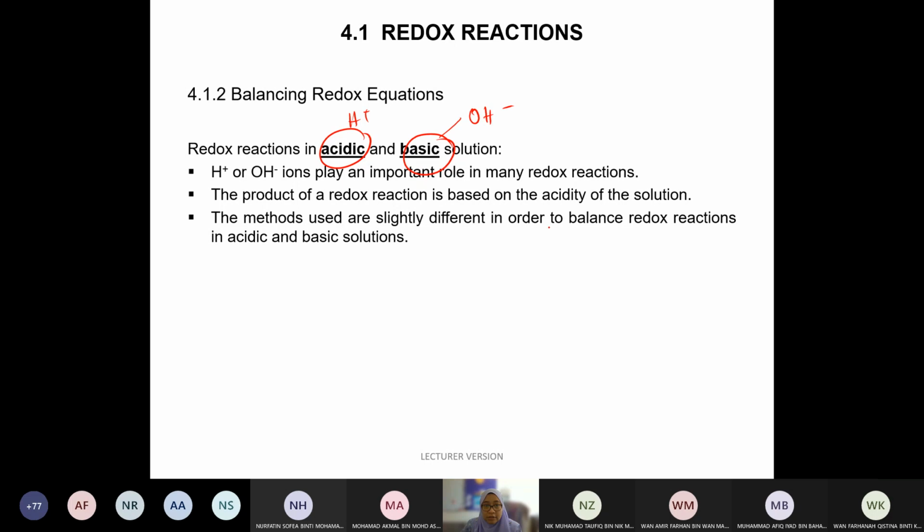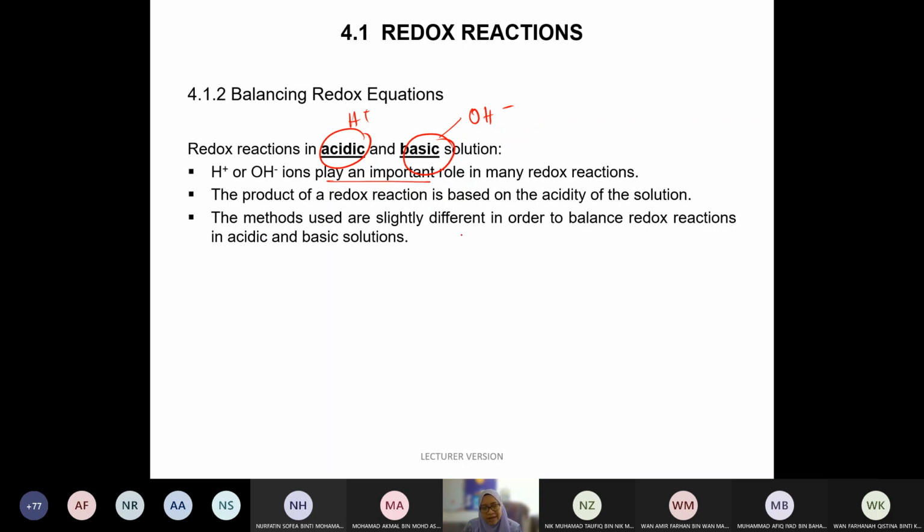Somehow it helps the reaction. It cannot be neutral; it needs to be acidic or basic. That's why it is said to play an important role in many redox reactions. So that is why you have to know how to balance the redox reaction in acidic and basic solution.